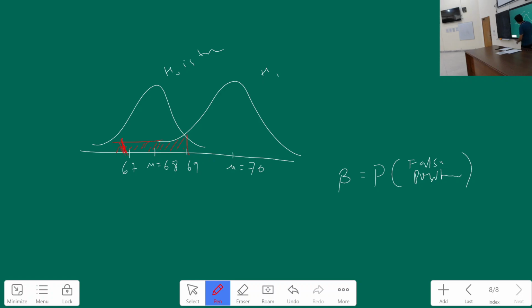H naught तो correct आता है, लेकिन even if H1 is correct, with this much area, with this much probability you will fall in the region of acceptance and you will be led to type 2 error, which is with this much probability you will conclude that H naught was correct because you fell in this region, but you were wrong. Why were you wrong? Because actual one was that H1 was true.